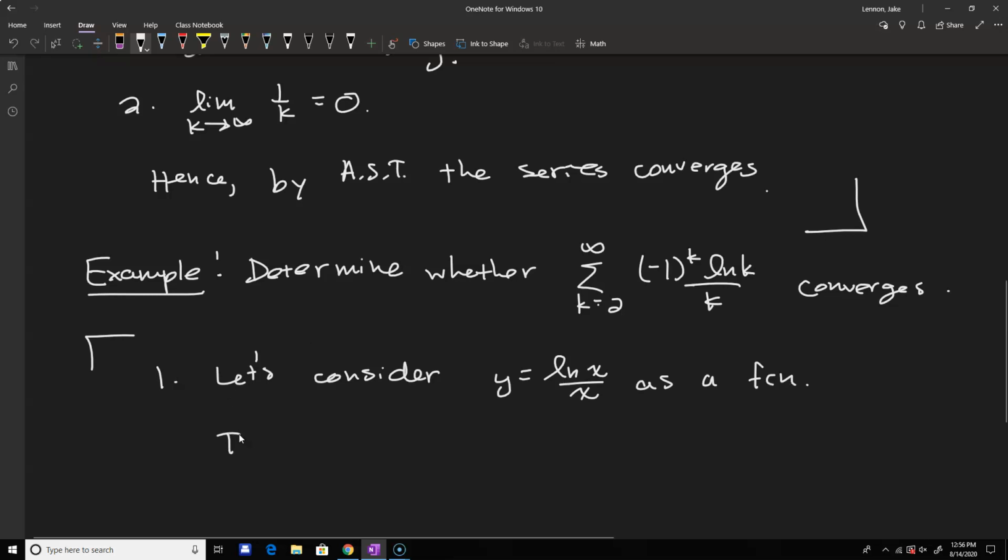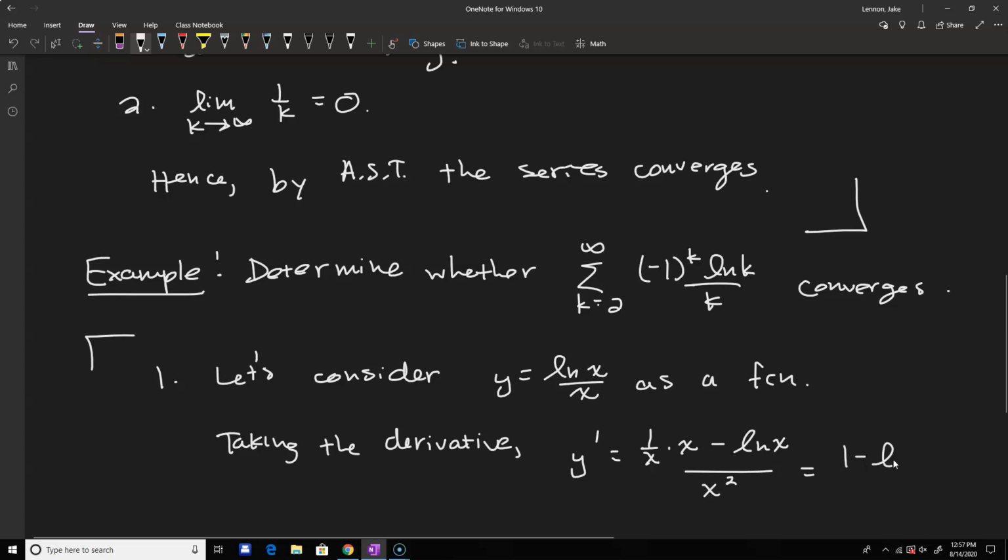So taking the derivative, we end up with y prime. We're going to have to use the quotient rule here. So the derivative of the top, 1 over x, times the bottom, x, minus the derivative of the bottom times the top, over the bottom squared, ends up giving us 1 minus the natural log of x over x squared.